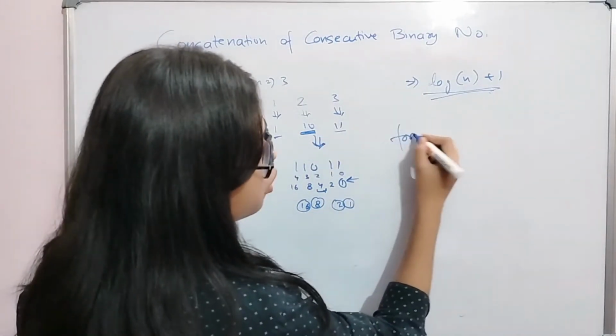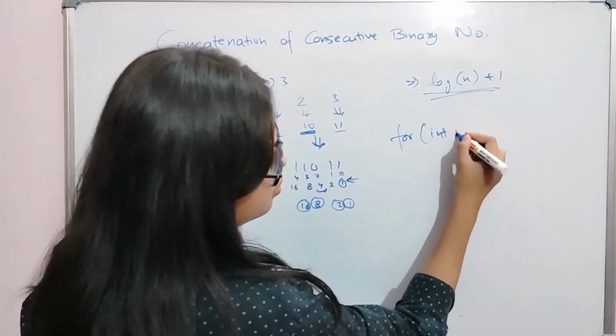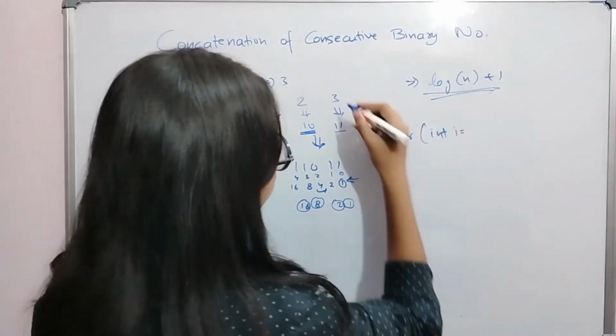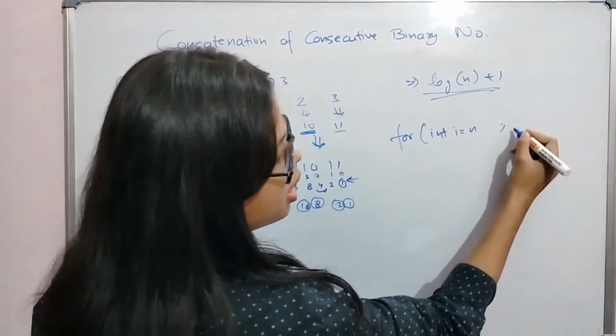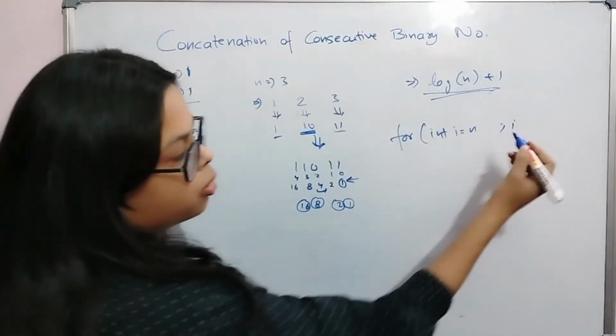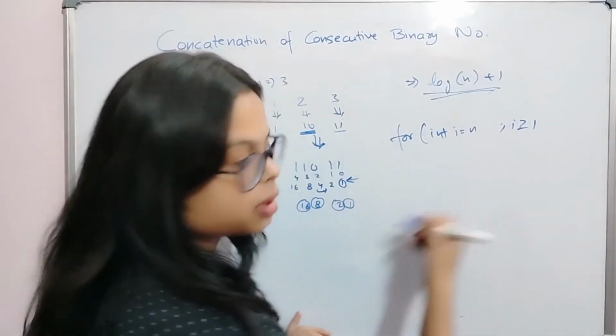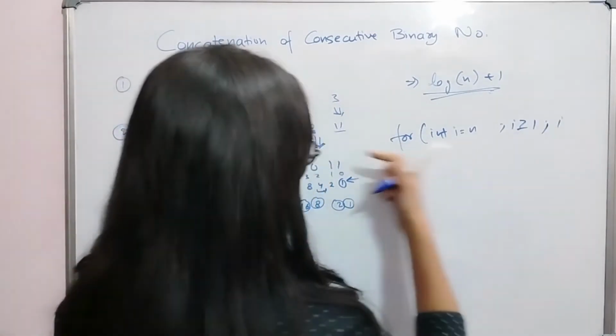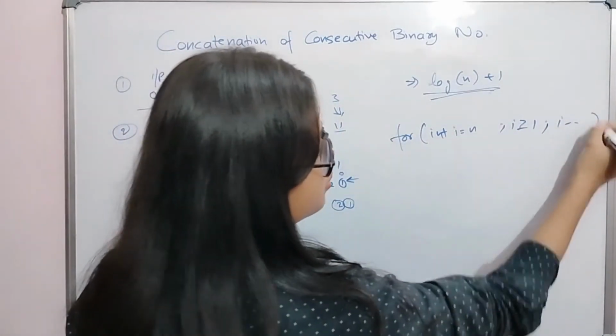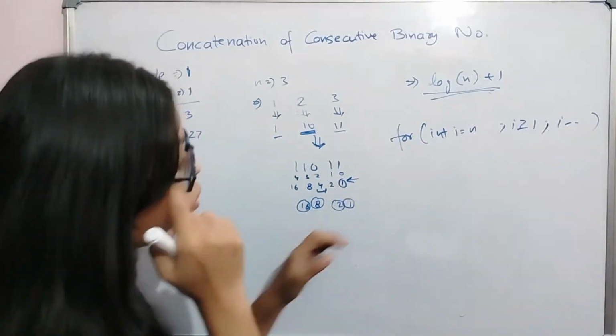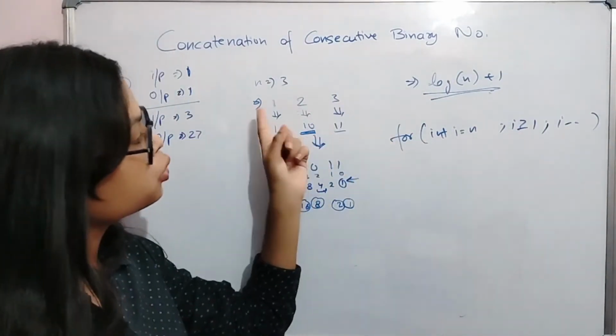So let's say for int i equals n, i will be greater than or equal to 1, and then i minus minus, right? Now this is for 3, 2, 1.